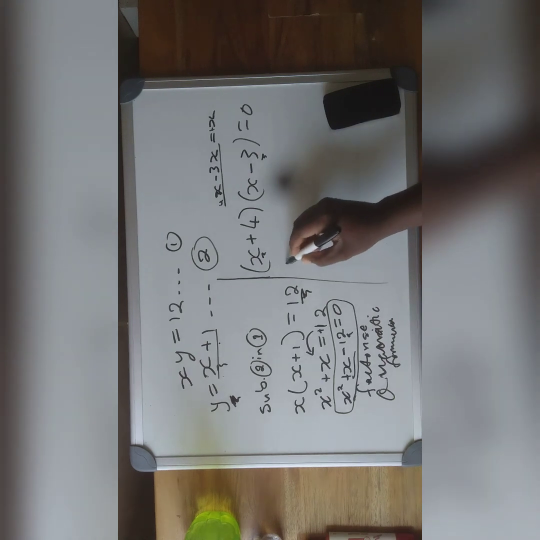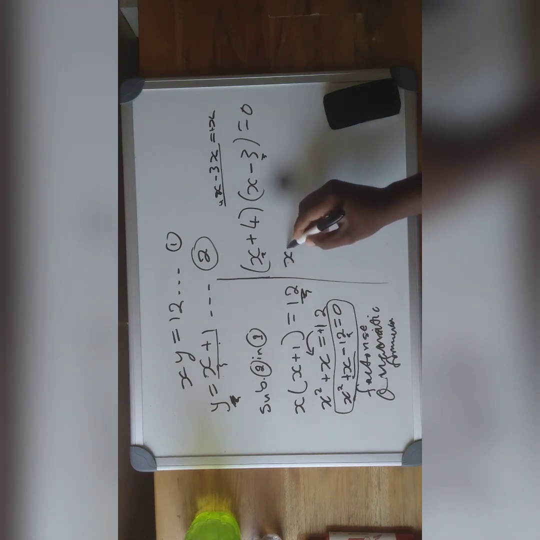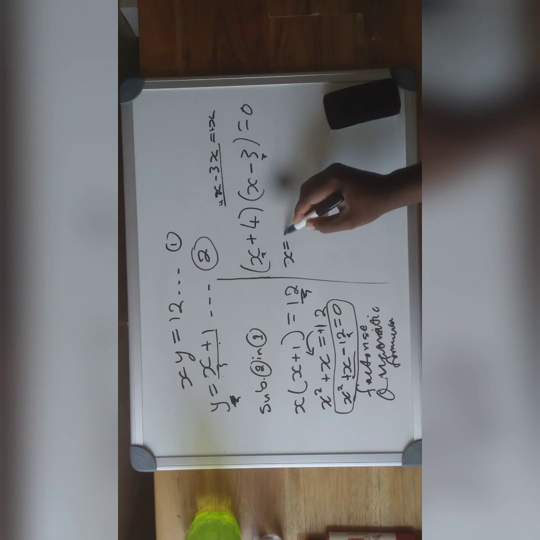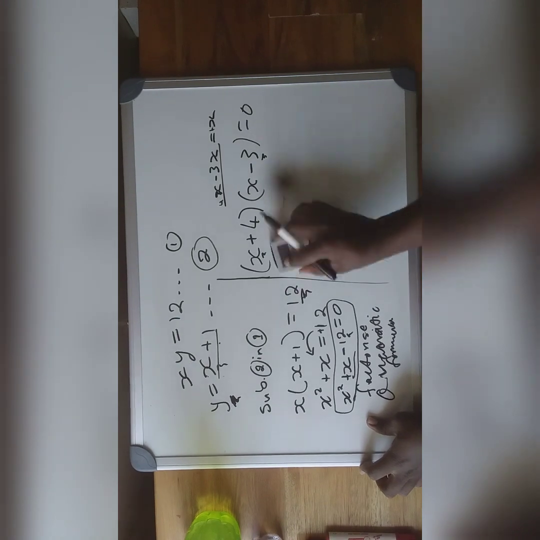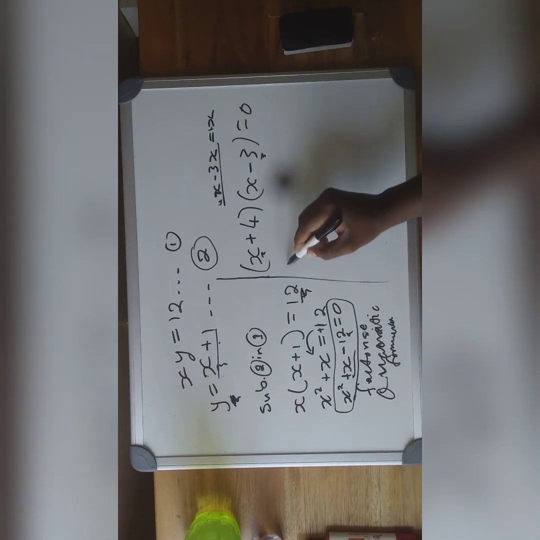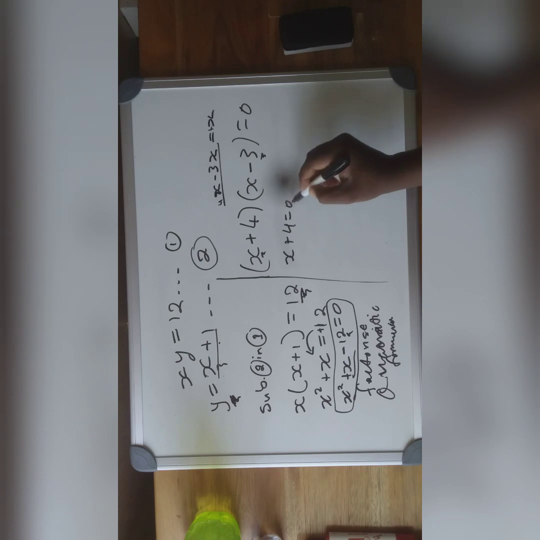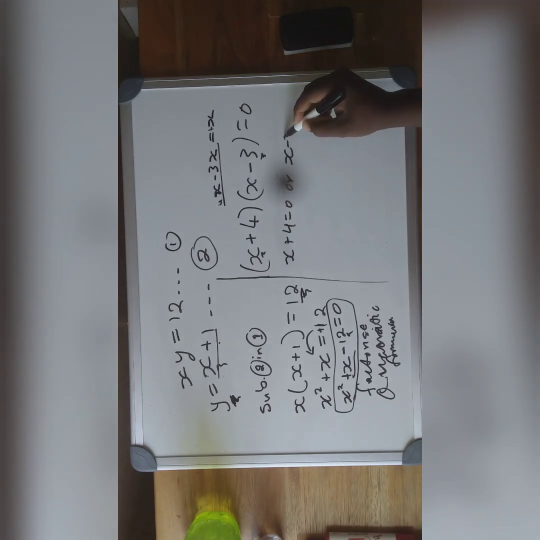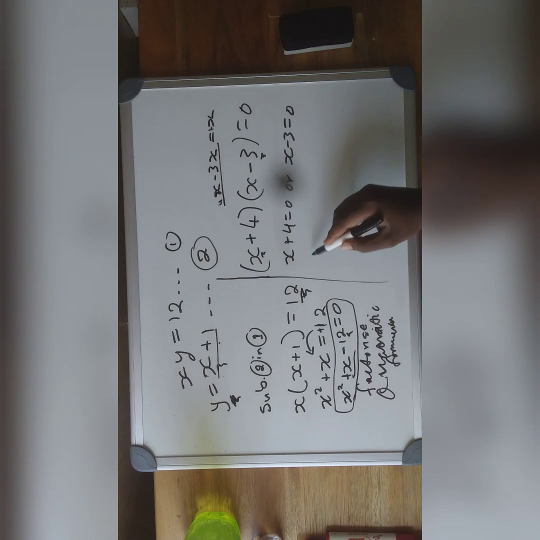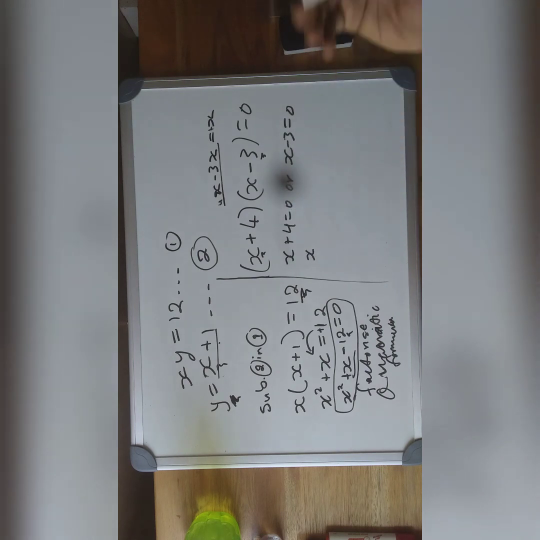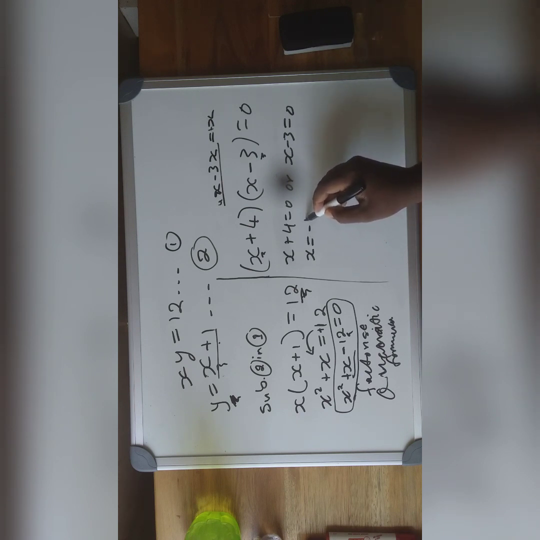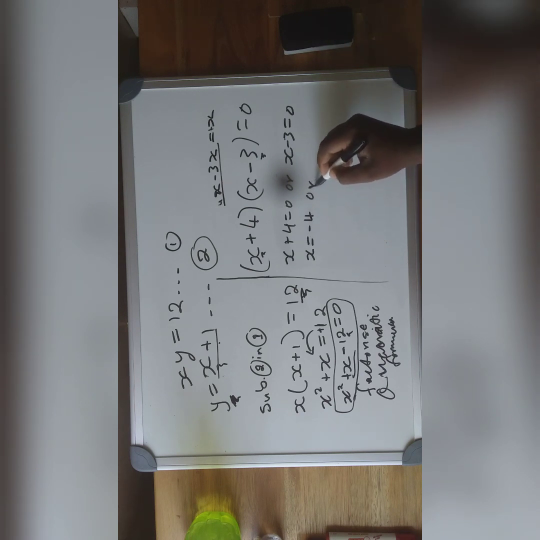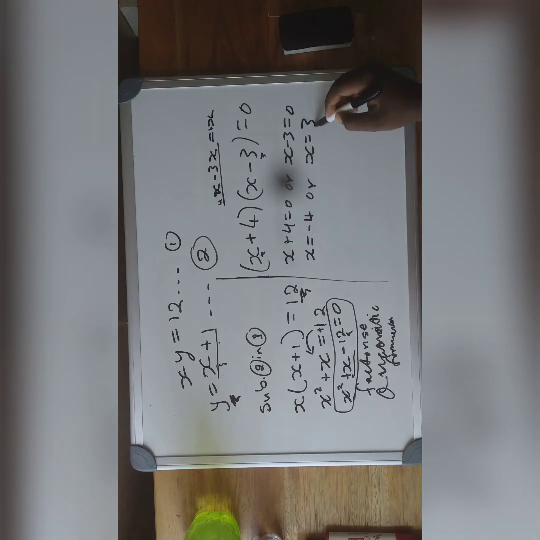From here, let me just do it simply. Now you're going to say x plus 4 is 0, or x minus 3 is 0, which means x crosses over the equal sign and it's going to be -4, or x is going to be +3, since it comes to this side.